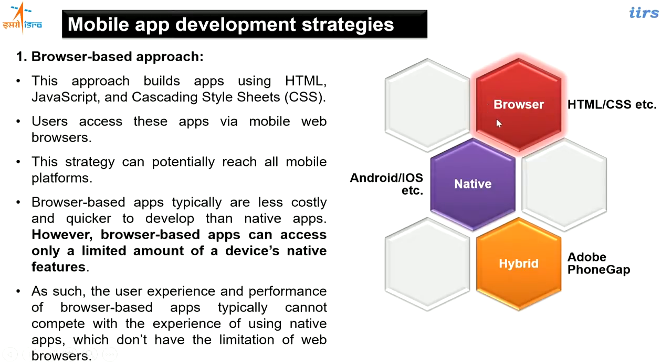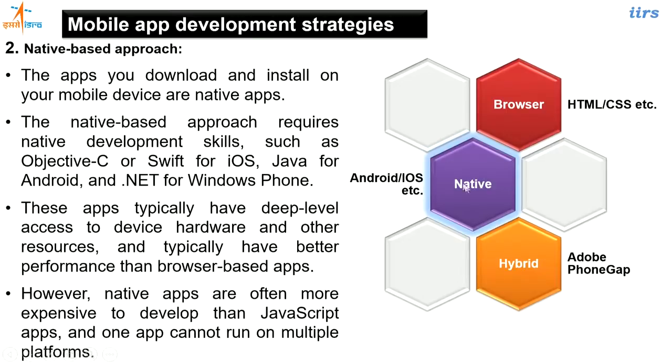If you want to make full use of all the features of your mobile, like the GPS, camera, gyroscope, or any n number of sensors, and you want to exploit all those things, then you have to go for native applications. Then you have to develop one native application.